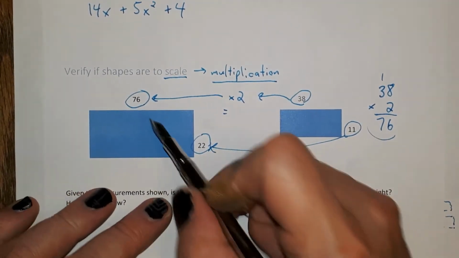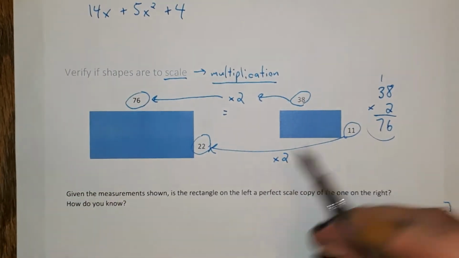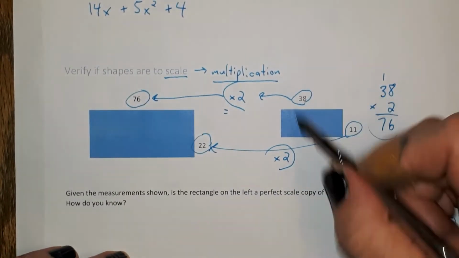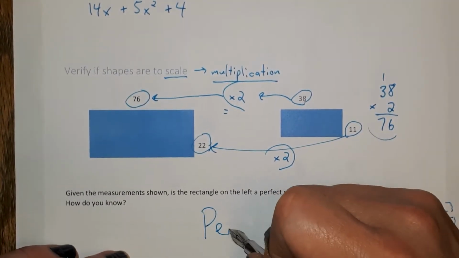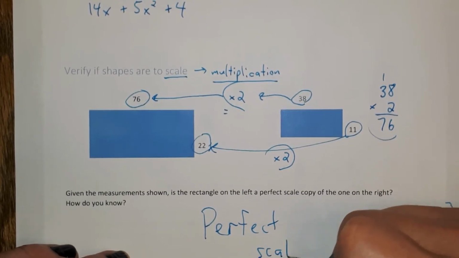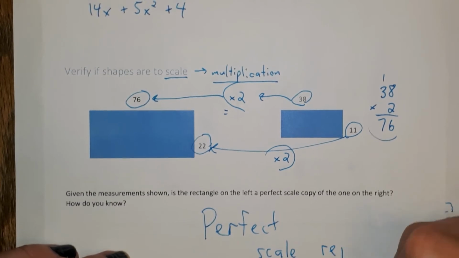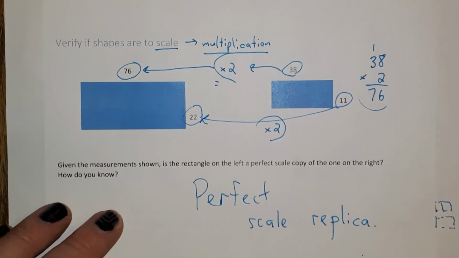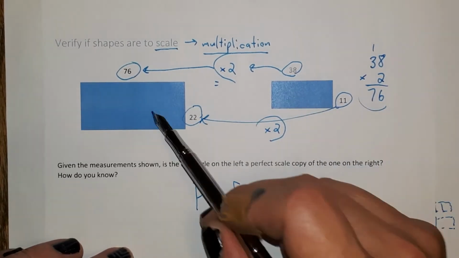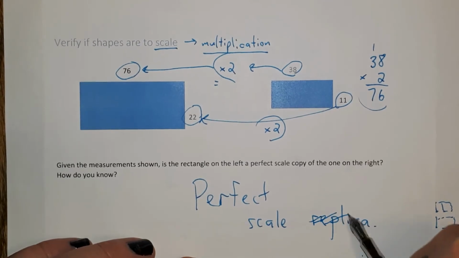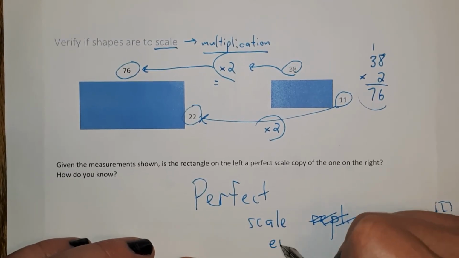This is perfect. If this is the same as this, that means this is perfect. Perfect scale replica. Completely indistinguishable. I mean, it's a scale, and maybe I should not say replica. It is larger. Perfect scale enlargement.